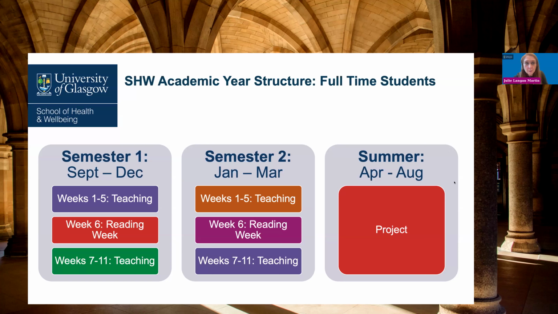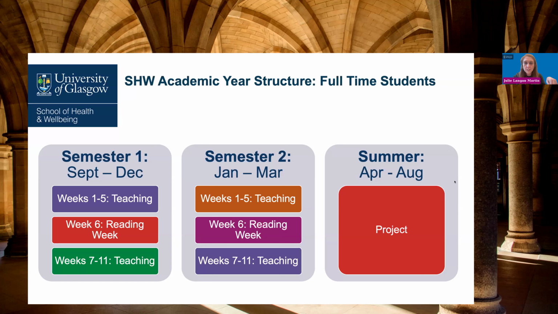So if you're a full-time student, you'll start in semester 1, which runs from September till December. And you'll take 3 courses if you're a full-time student. The way that we organise the teaching is that you have weeks 1 to 5, and then a reading week and a catch-up week, and then weeks 7 to 11. And then in semester 2, again, this runs from January to March.